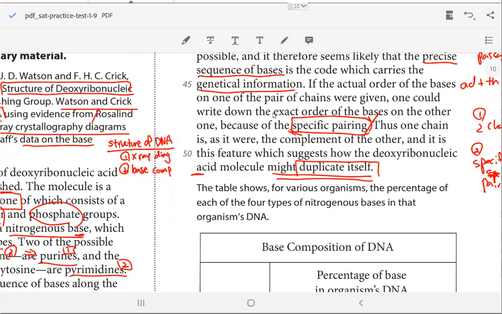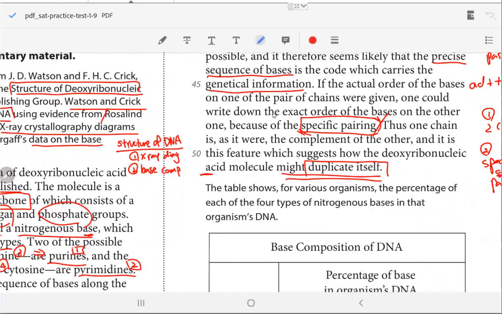One could write down the exact order. So order is exact because of specific pairing, right? Of the bases on the other one because of the specific, so exact and specific, right? Pairing. Thus, one chain is, as it were, the complement of the other.